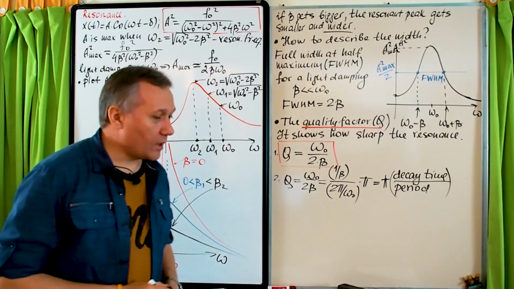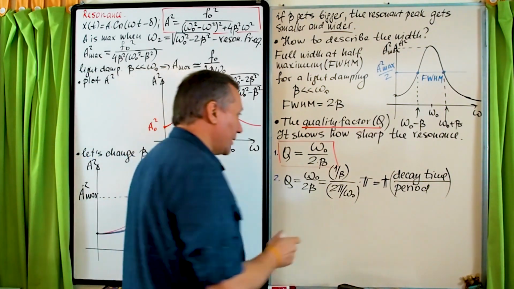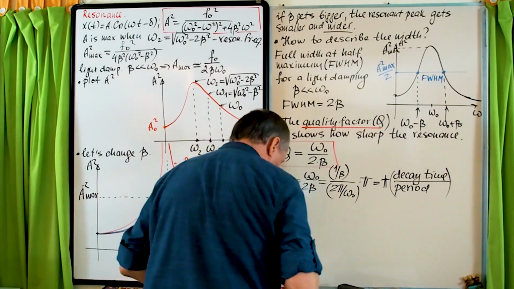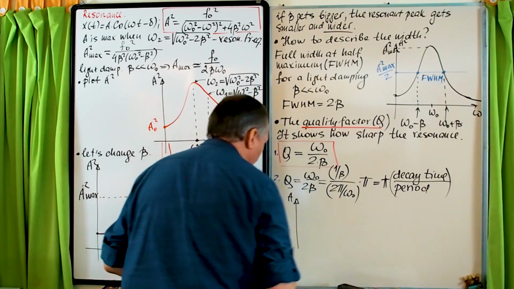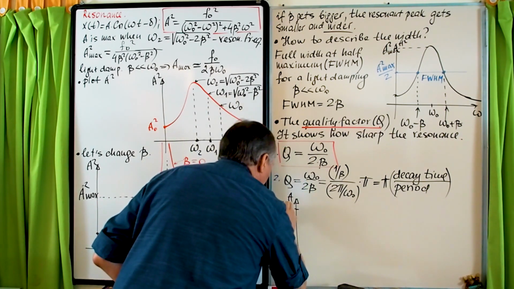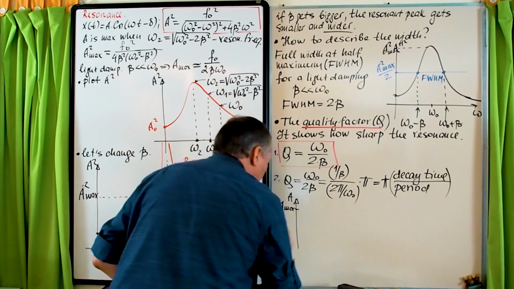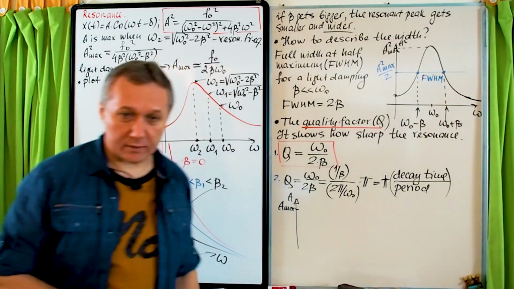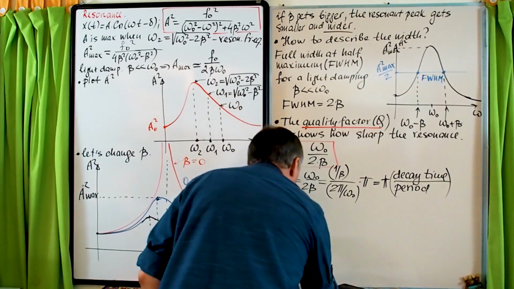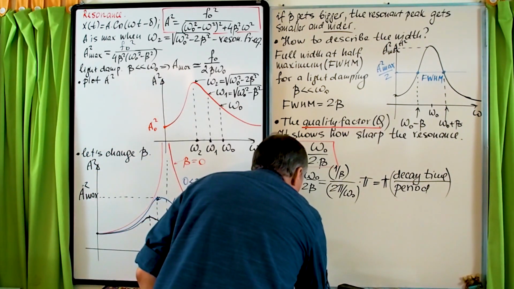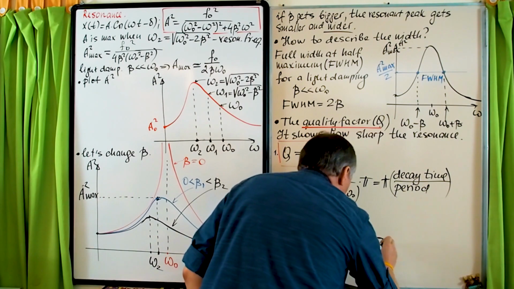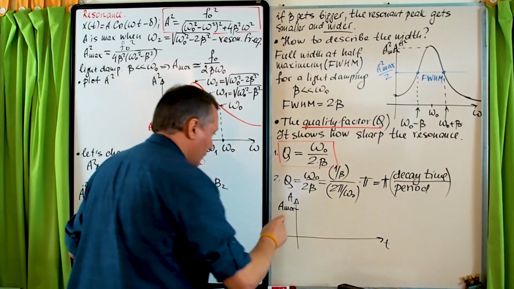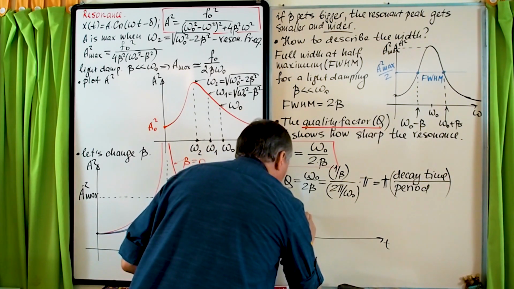So what's the meaning of this? Okay, let me plot this system. So let's say this is amplitude. This is a max. But now I want to plot it not over omega, but over time. Something like this, right? So let's say this is time, and it will behave something like this.